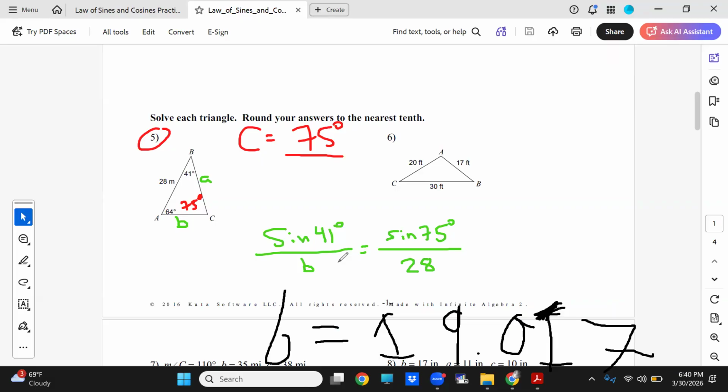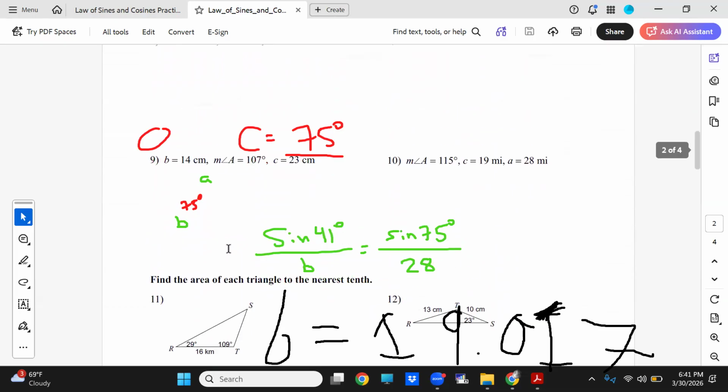That's the answer which I got. Good. Okay, I agree. Okay, so how are you feeling now about law of sines? Pretty good. Good. Okay, good.